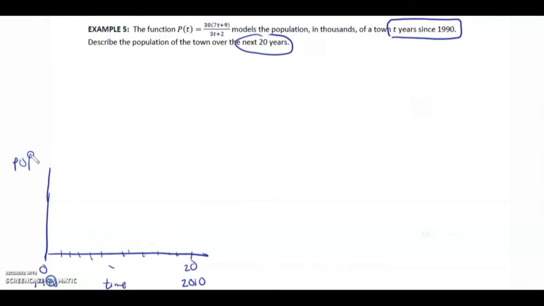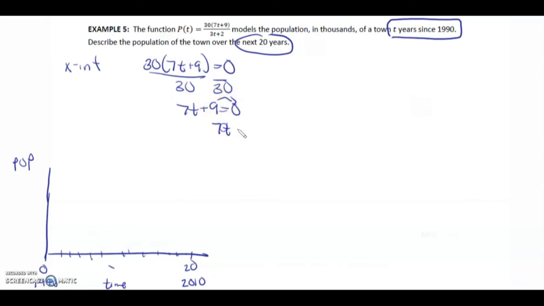And this is population. So if we think about the x-intercept, we're thinking about when y equals 0. So let's just take a look at the numerator when that equals 0. Dividing by 30 just gives us 7t plus 9 equals 0.